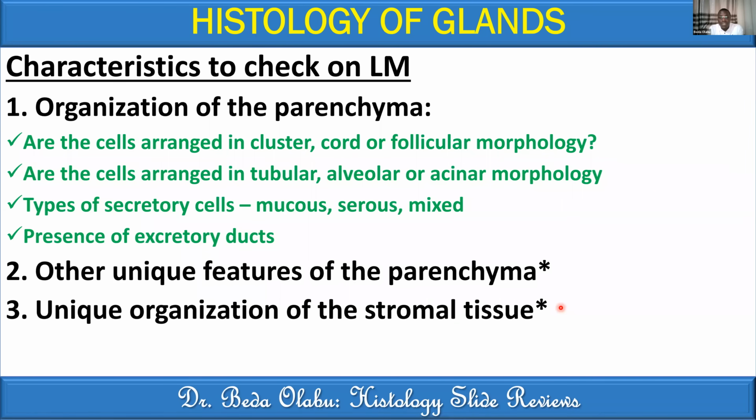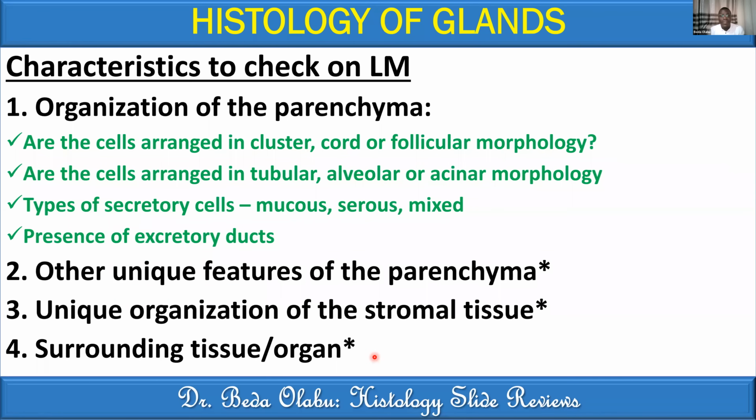Which kind of connective tissue capsule is it? Is it loose? Is it dense regular? Is it dense irregular? Does the capsule send in trabeculae? And if they are, are they thick or thin? So that unique organization of the stromal tissue, you highlight it, and that will help you identify a particular endocrine gland.